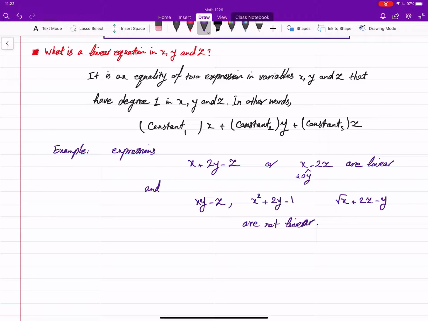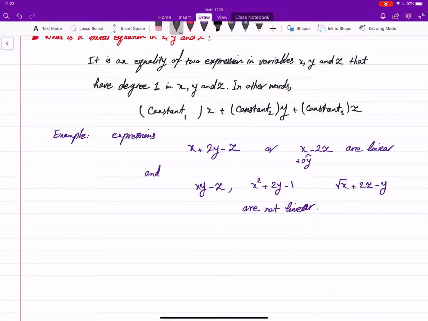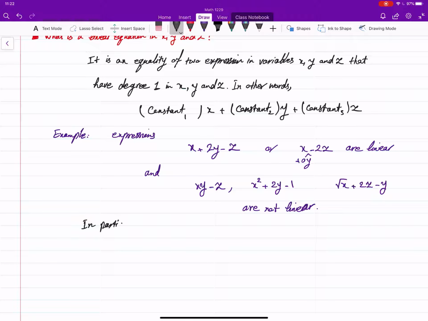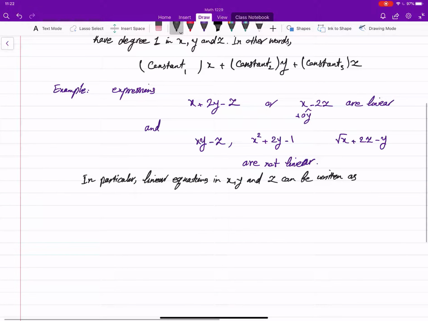So our equation has to have this form. In particular, what we need to know is that linear equations in x, y, and z can be written as a number times x plus another number times y plus another number times z equals another number, for some constants a, b, c, and d.